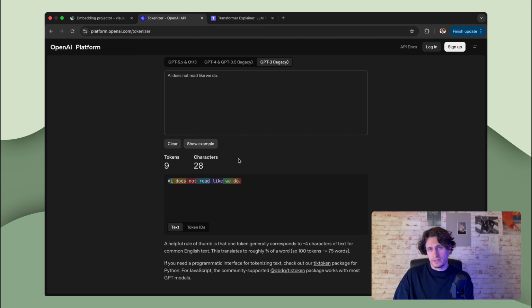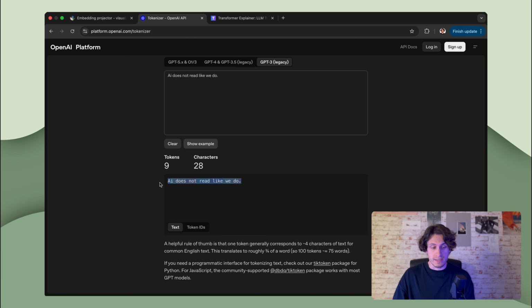And this detail really matters because a token is not always a full word. It could be a part of the word, like here, and it could be a punctuation, like here, this dot at the end of the sentence. So at this point, the model is no longer dealing with the sentence the way we do. It's dealing with a sequence of structured pieces.